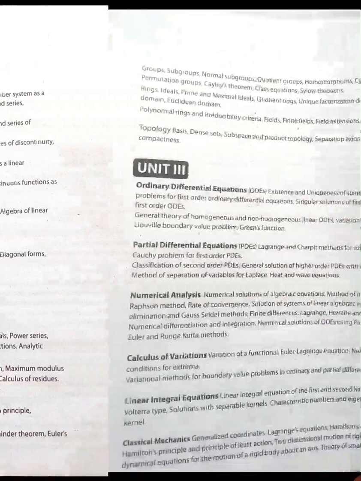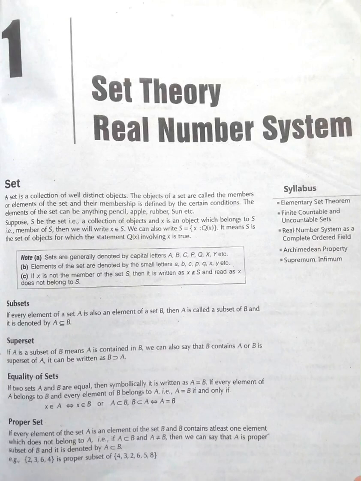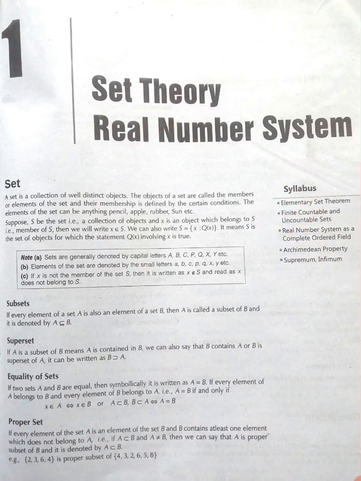And in the first chapter we have set theory and real number system, in which this syllabus is covered: elementary set theory, finite, countable and uncountable sets, real number system, Archimedean property, supremum, infimum, and some basics of these syllabus topics. For example, definition of set, subset, superset, equivalent set, proper set.